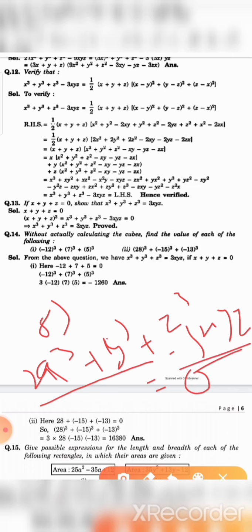Here 3xyz is in negative form, so on the other side it will be in positive form. So we write x cube plus y cube plus z cube is equal to 3xyz, which we had to show. So we have shown that, and it is proved. The value of x cube plus y cube plus z cube is equal to 3xyz.